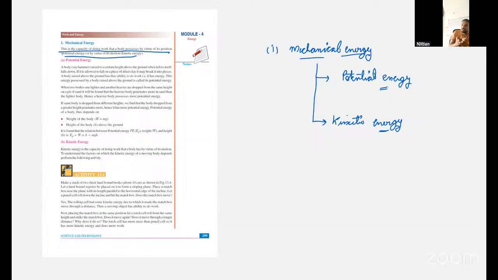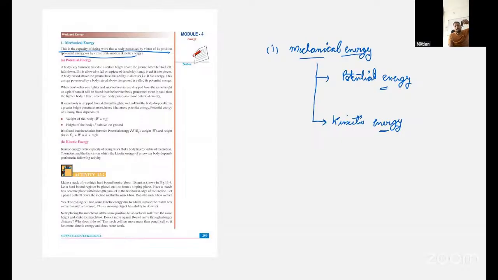When I'm holding it, it is having potential energy. How did the potential energy come? Because I did some work to raise this object to a height. The work which I did to raise the object to a height makes the object possess potential energy because it is at rest.